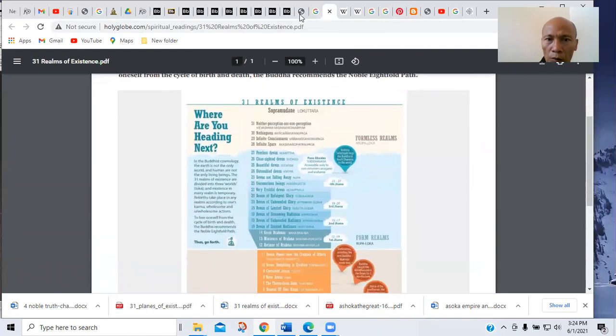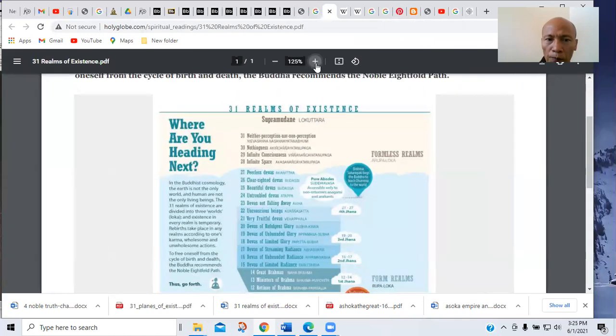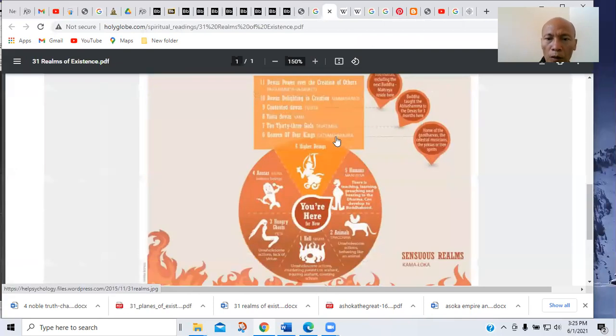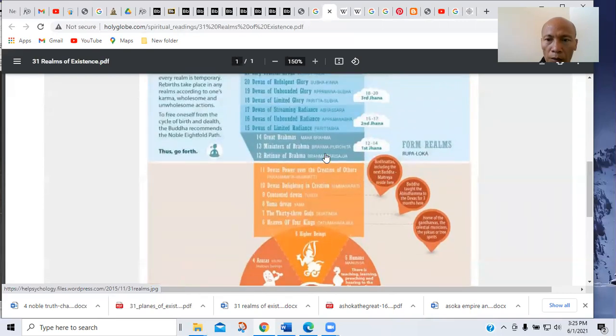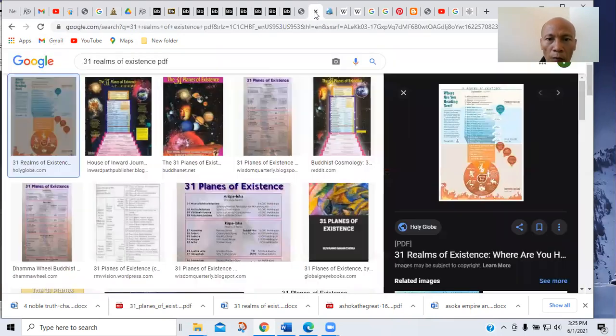Here are the human realm, animal realm, hell realm, hungry ghost realm, the Asuras, or the demigods, or the fighting gods, and the heavenly beings. So those are their names, and some sutras mention how they come about.